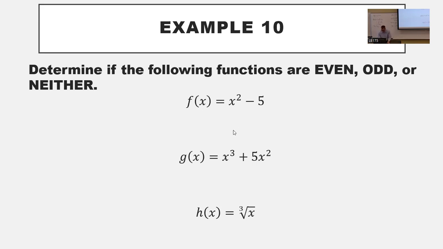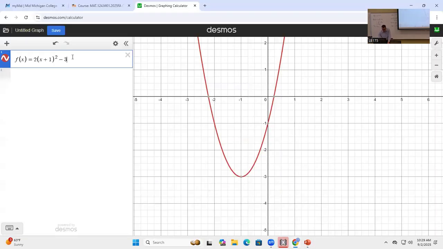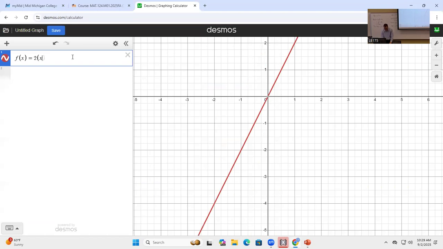So, there we go. If I go graph, what do we have? F of x equals x squared minus 5.